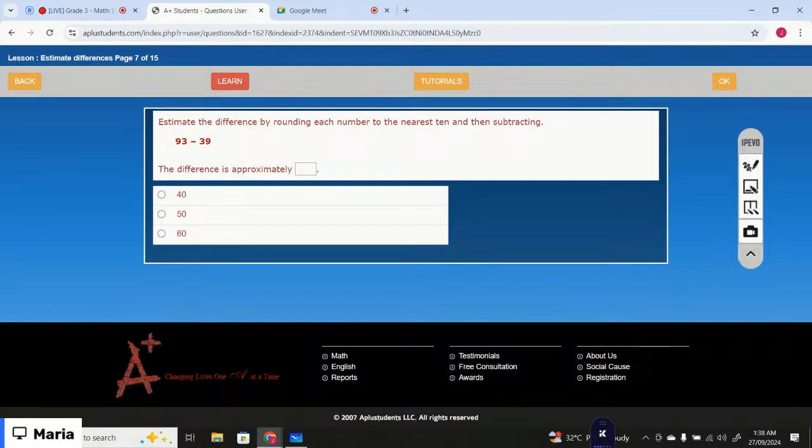The correct option is 90 minus 40, which is 50. Option number 2 is the correct option.